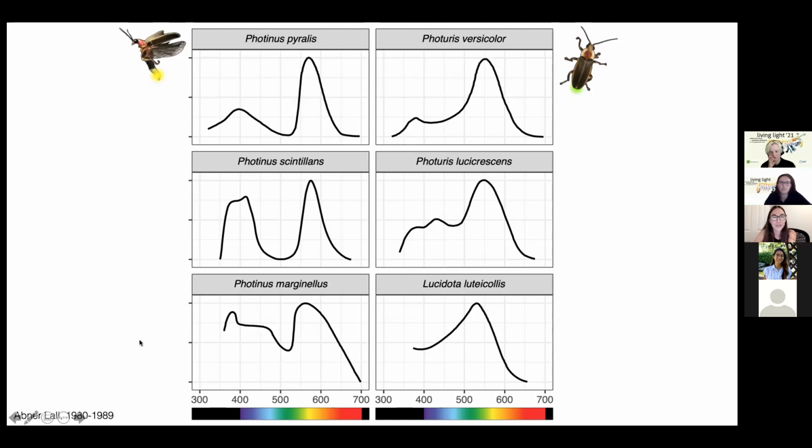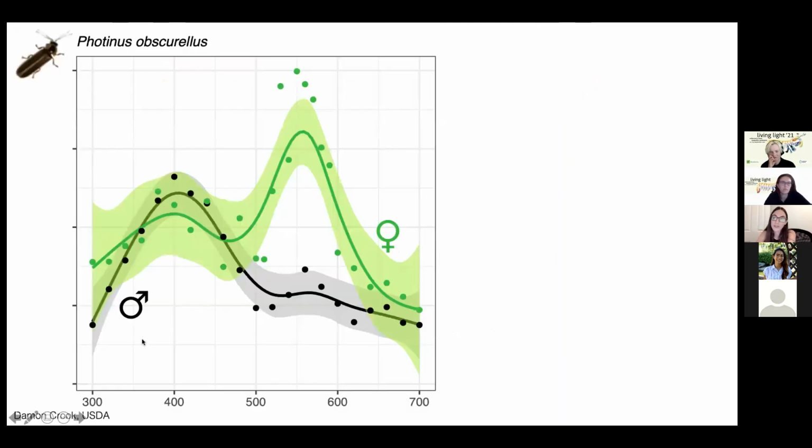So I was able to collaborate with Damon Crook at the USDA facility in Buzzards Bay. I shipped him a whole bunch of fireflies because I couldn't go in because of COVID. So they went through the mail, a whole bunch of Photinus obscurellus fireflies, which are in the genus Photinus, but come out later at night than all of the species that we've seen so far.